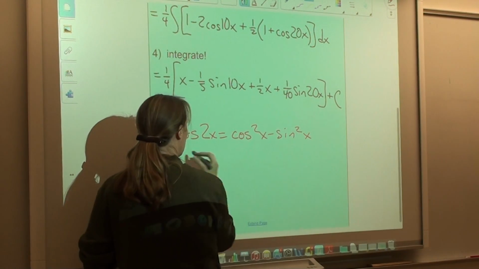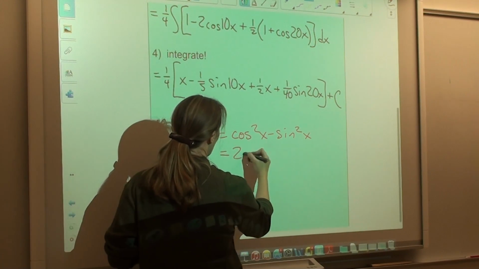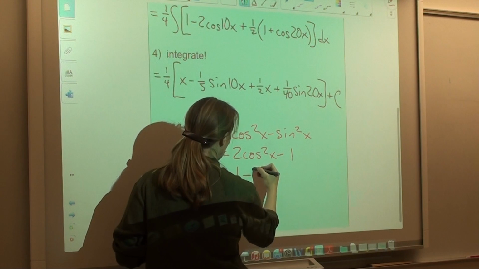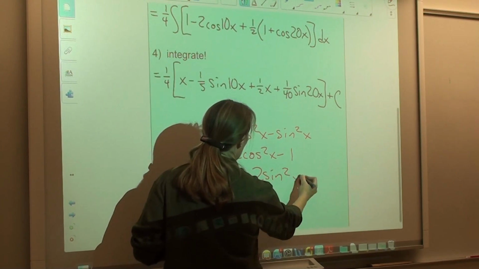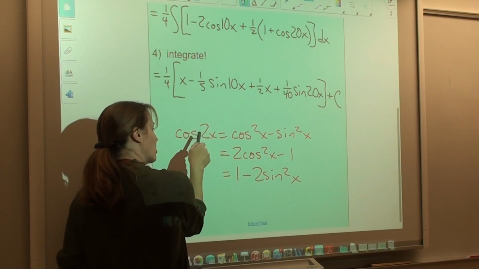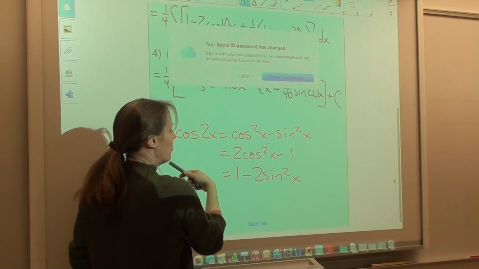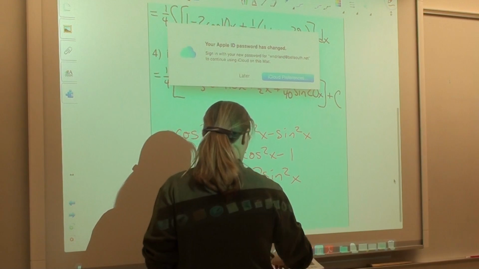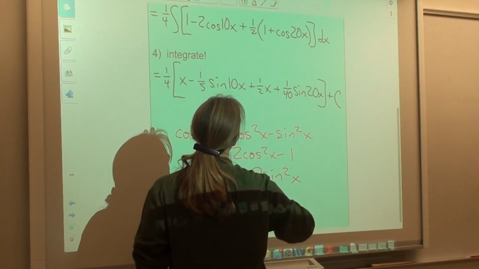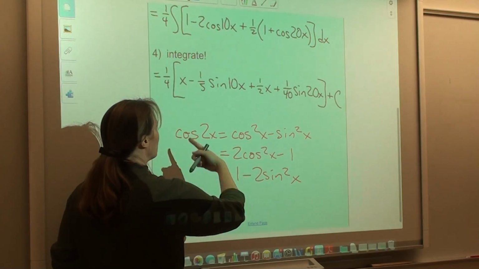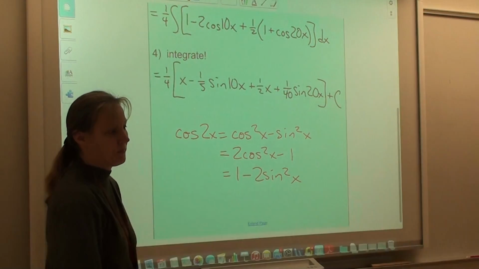So we end up with 2 cosine squared minus 1, or 1 minus 2 sine squared. If we solve for cosine squared, we're in terms of cosine. If we solve for sine squared, we're still in terms of cosine. So no matter what, when you are doing a power reduction, your answer will always be with cosines.